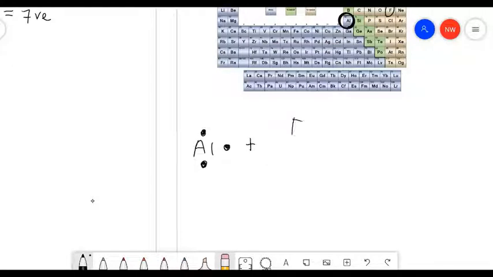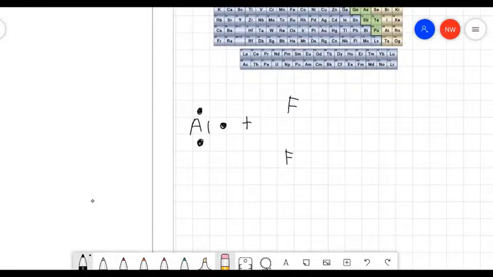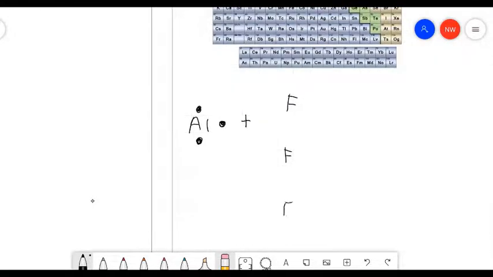So, fluorine yang pertama, fluorine yang kedua, fluorine yang ketiga. 1, 2, 3, 4, 5, 6, 7. 1, 2, 3, 4, 5, 6, 7.